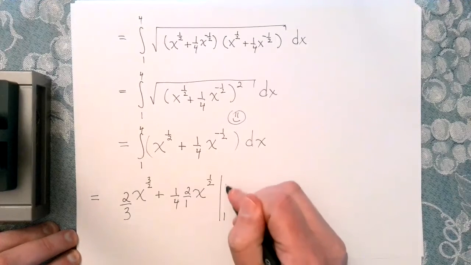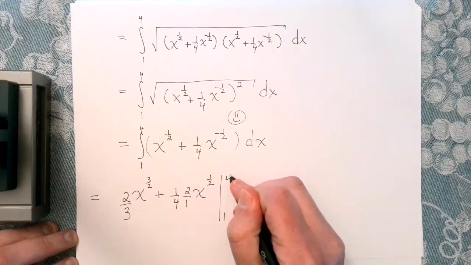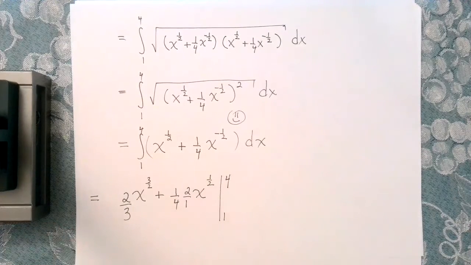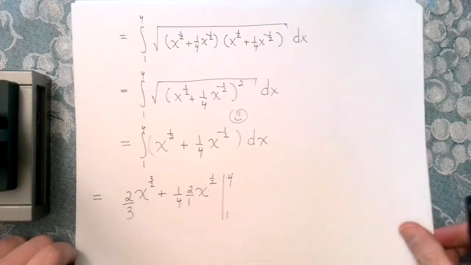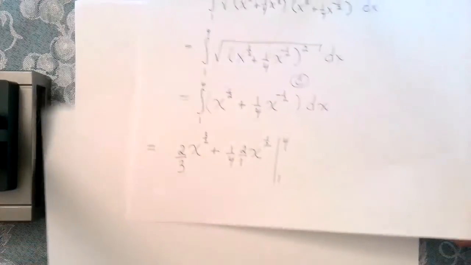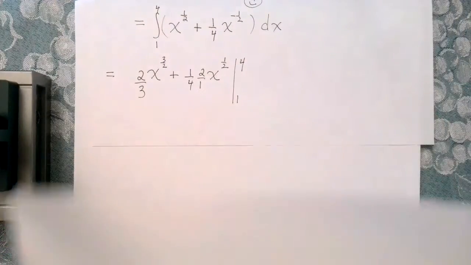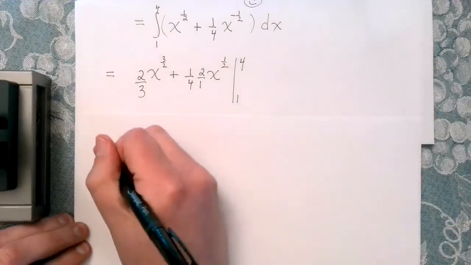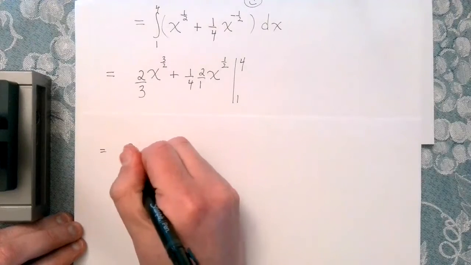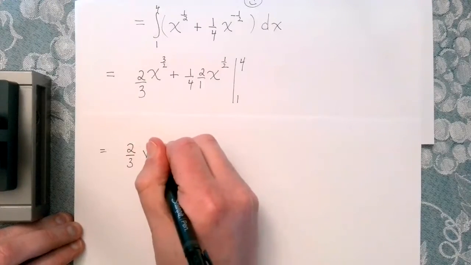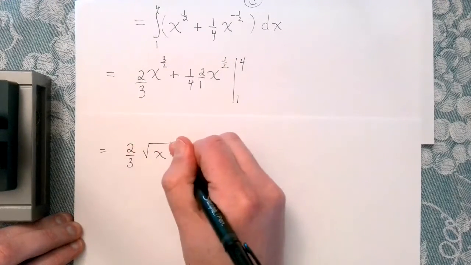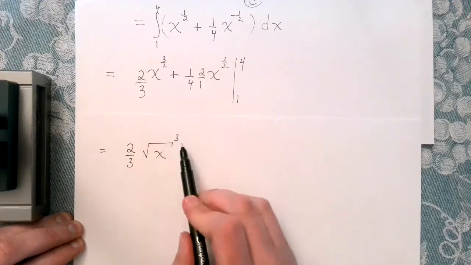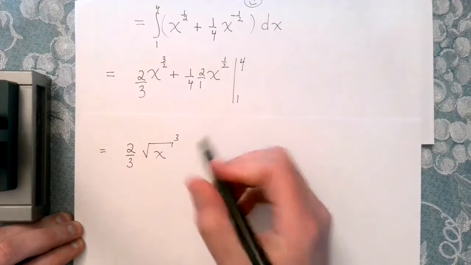And we need to evaluate that on the interval 1, 4. So I want to rewrite this algebraically before I compute, just to make life a little bit easier. Now for the cube, you can put that there or there. Either is fine.